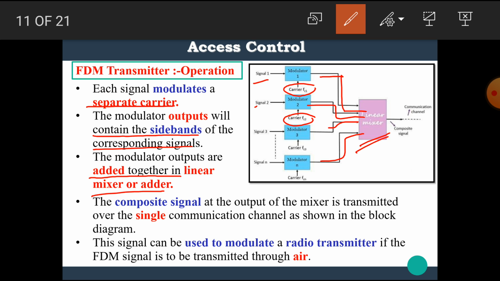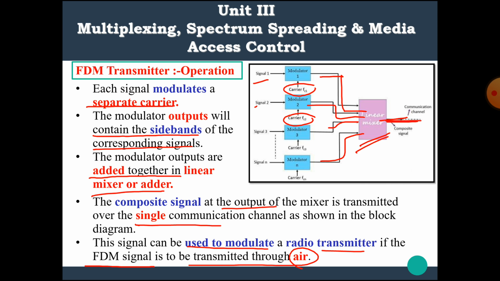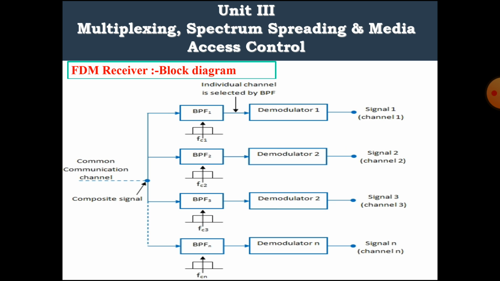The composite signal at the output of the mixer is transmitted over a single communication channel as shown in the block diagram. The signal can be used to modulate a radio transmitter if the FDM signal is to be transmitted through the air. I hope you all get the information about the FDM transmitter.